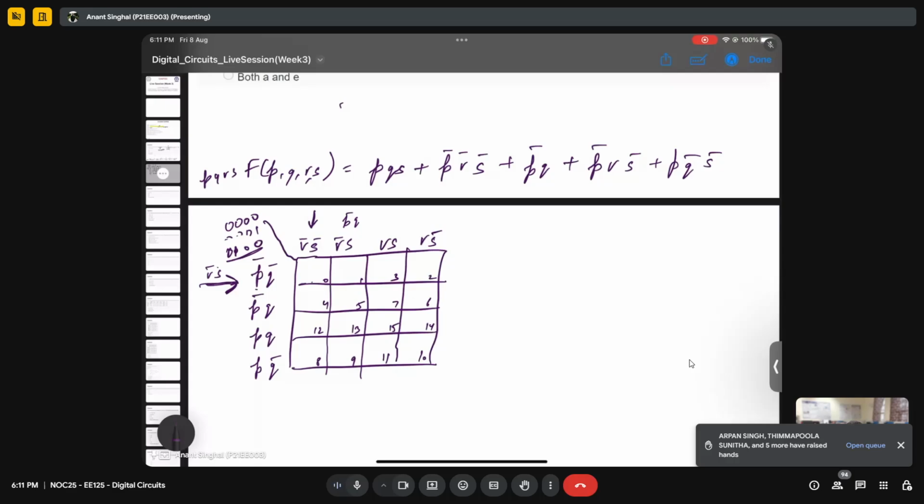If you have written this as R bar S bar, it will be 0 0, and since you have written P bar Q, it will be 0 1, which is a representation of 4 in binary. But here it is actually 1, right? So the order should always be like this, whatever the question has demanded. Is it clear?